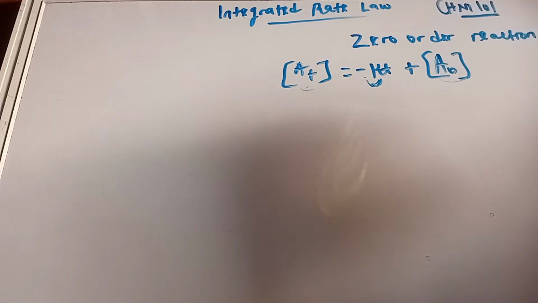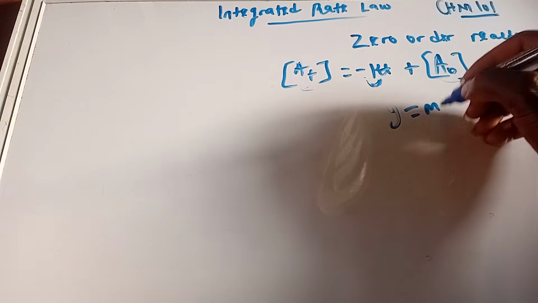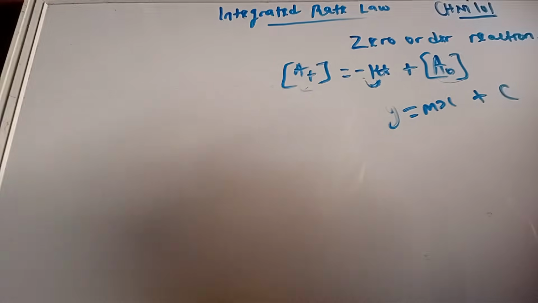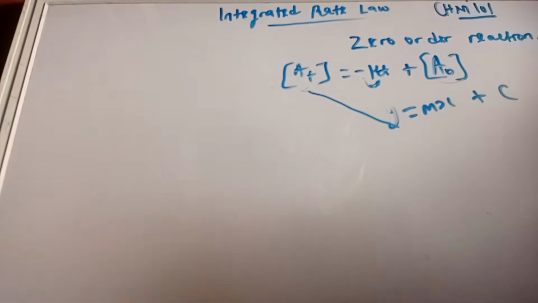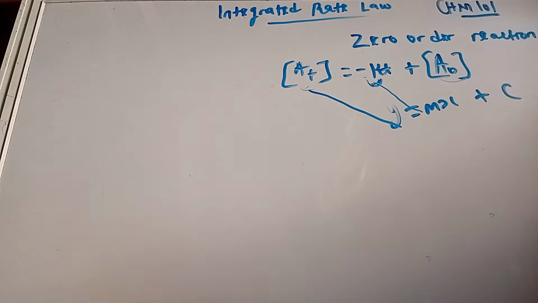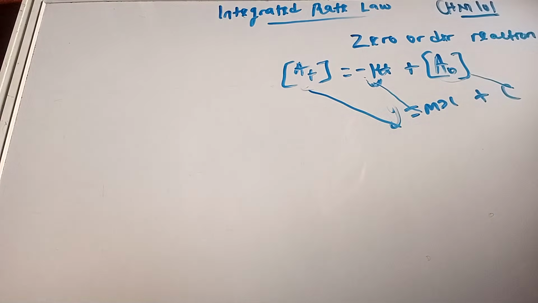Now we can liken this to the normal equation of a straight line that we know, y equals mx plus c. We liken A_t as y, minus k as m, and A naught as c.